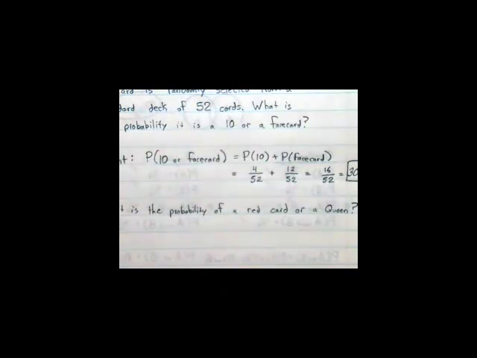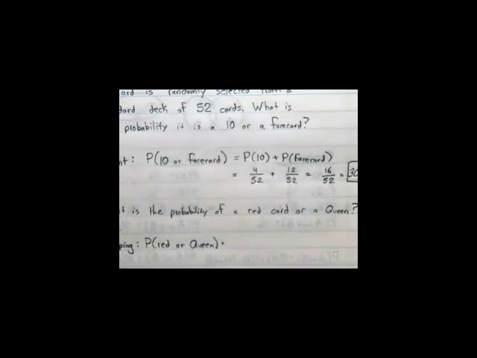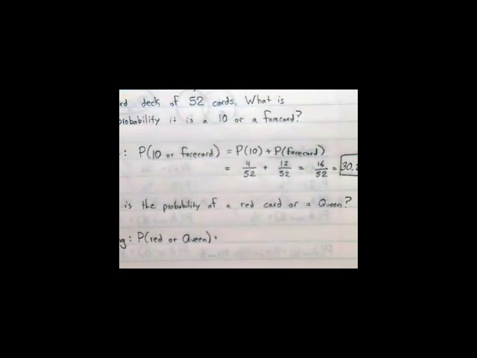Are those two disjoint or overlapping? Those overlap, right? Because you can have a red queen. You can have two at the same time. Okay. So this is overlapping. And I want to do the probability of red or queen. So see if you can set that up while they're doing their announcements here.